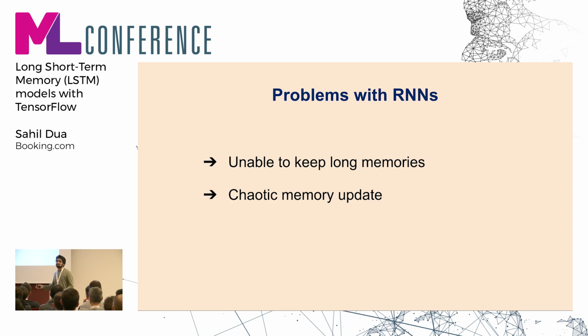It's going to only consider the Germany part. So the memory is getting updated very frequently, and whenever we see something different, it just wipes it out and replaces it with a new memory. This doesn't help us in having long-term memory so that we can work with sequences in a better way.